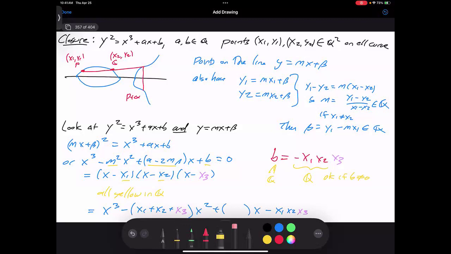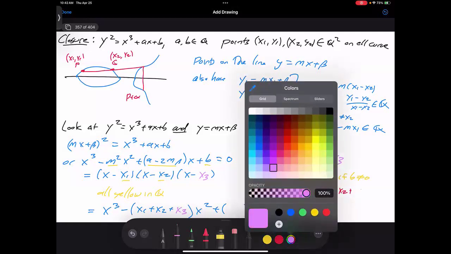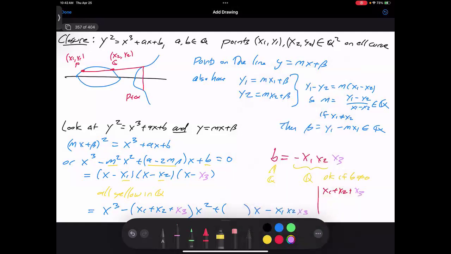So we know that x1 plus x2 plus x3 is rational, right?